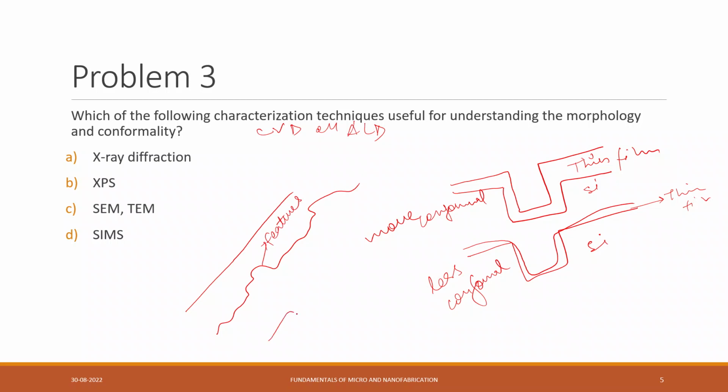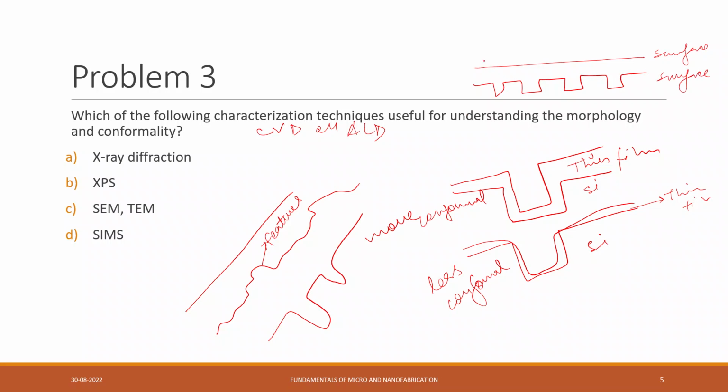Like you have one hole here on the surface. Consider these as surfaces. Okay, this is a surface, and you have another surface. These two surfaces are morphologically different.